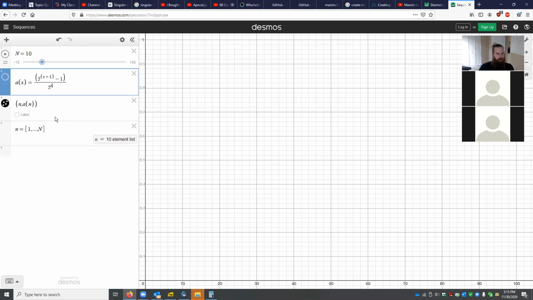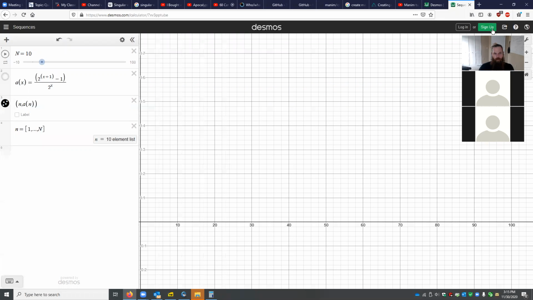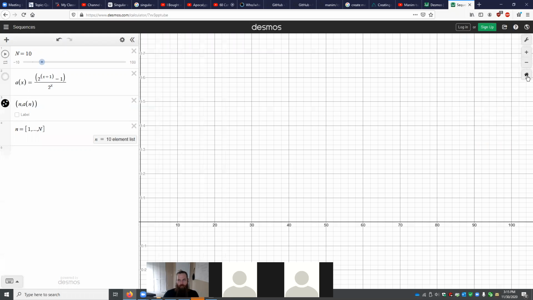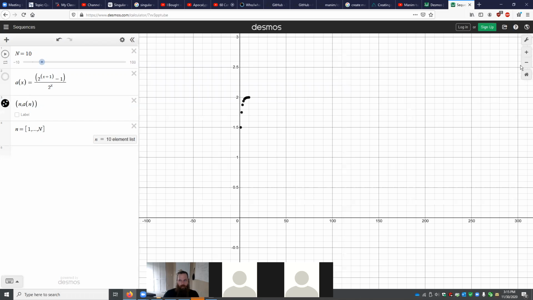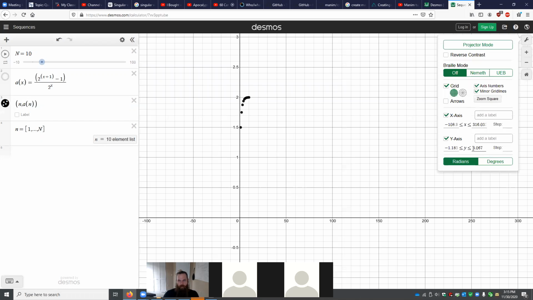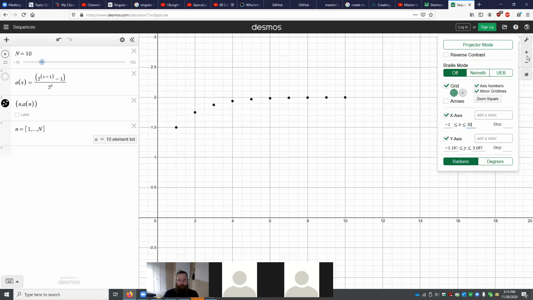And I want to graph these points. Oh, and I want to zoom way in. Oh no, I am zoomed way in. I want to zoom way out. But not that. My horizontal. Let's just go from -1 to like 1. Okay.